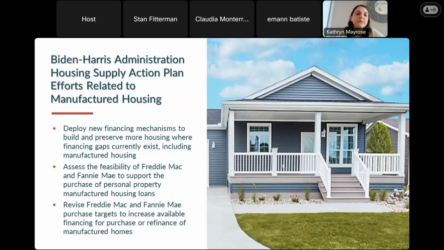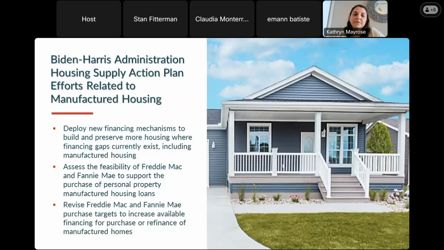So first, the Biden-Harris administration has published a Housing Supply Action Plan. It includes several efforts specifically intended to support the production and preservation of manufactured housing. Among those efforts, they are going to deploy new financing mechanisms to build and preserve housing where there are existing financing gaps, including with manufactured housing.